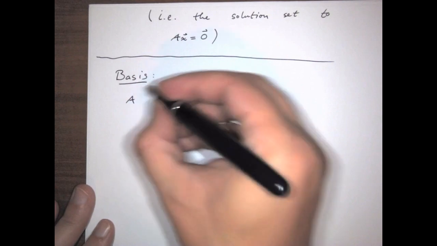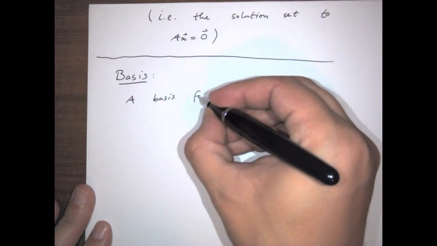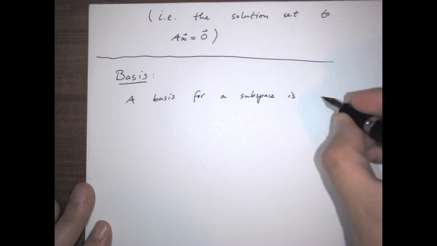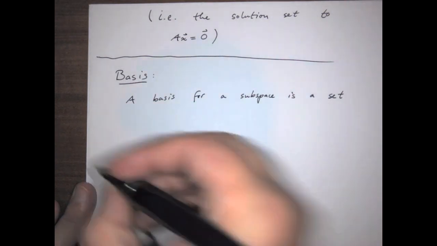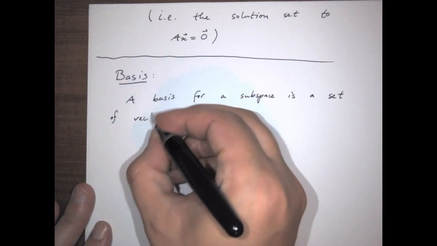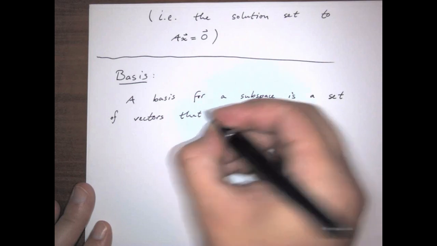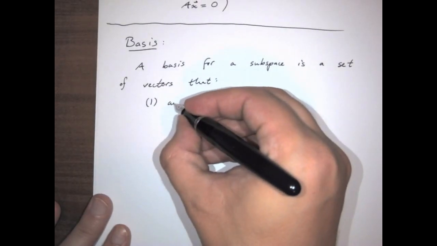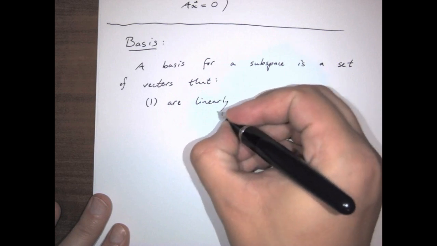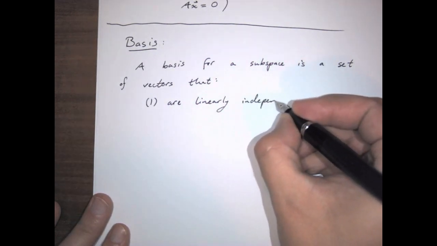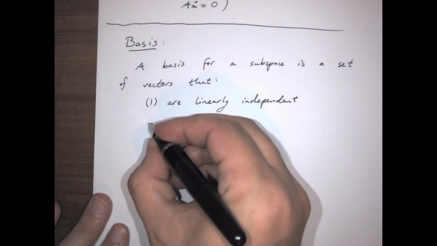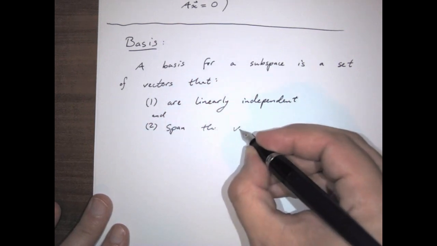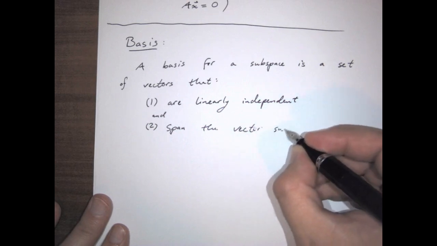So a basis for a subspace is a set of vectors that has two properties. One, they are linearly independent. And two, they span the vector subspace.